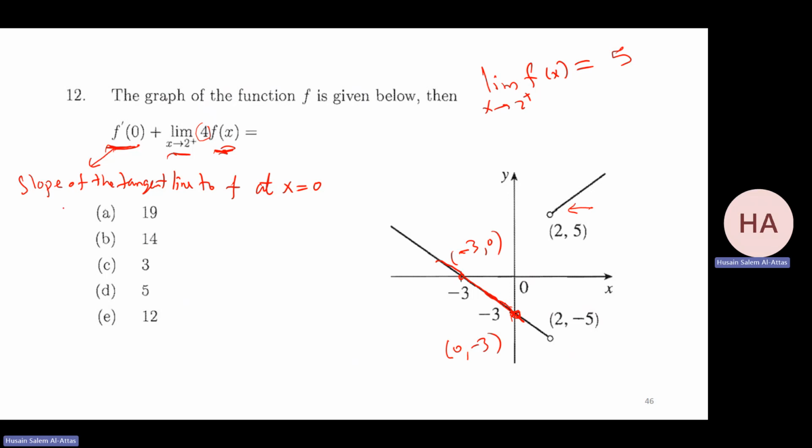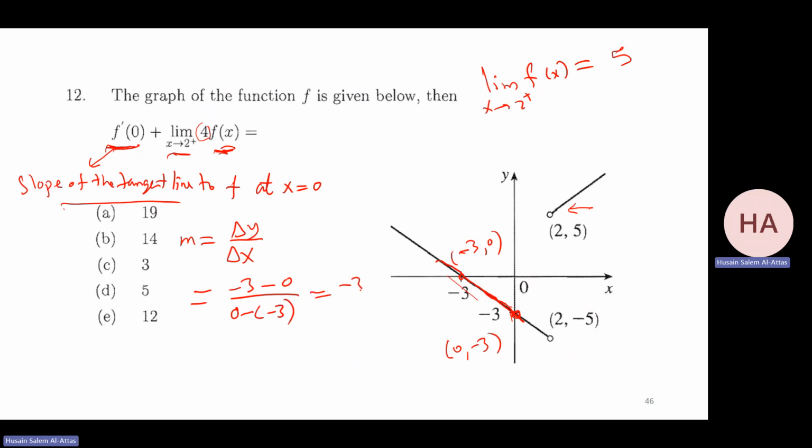I need to find the slope of this tangent line. I don't know what f is. I can't find f using this since I have 2 points of a line. But in general, how to find the slope of the tangent line? Since I have 2 points, it's delta y over delta x, which is -3 minus 0 over 0 minus -3.